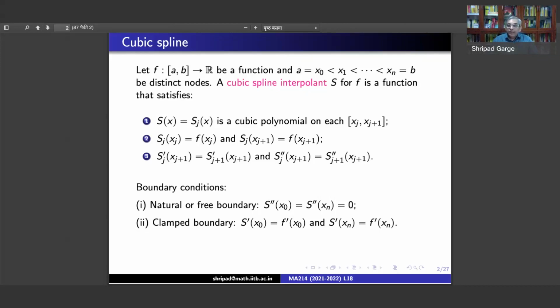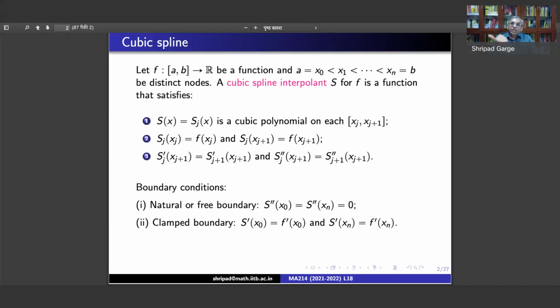Or if you have information about the derivative of the function at those endpoints, then we clamp our spline by declaring that the derivative at x0 and the derivative at xn be equal to the derivative of the function f at those 2 points respectively. This is what we have.